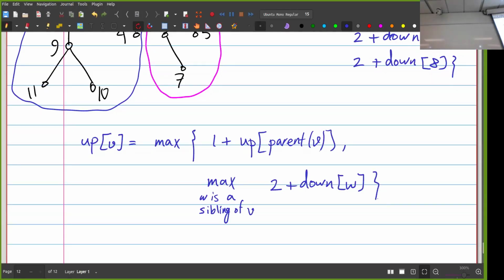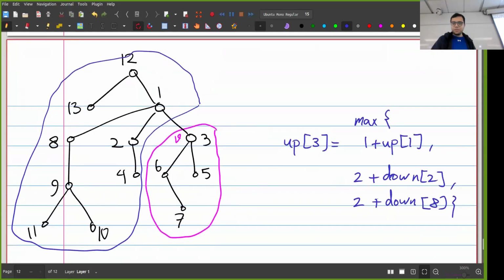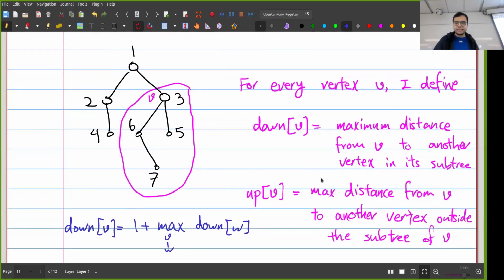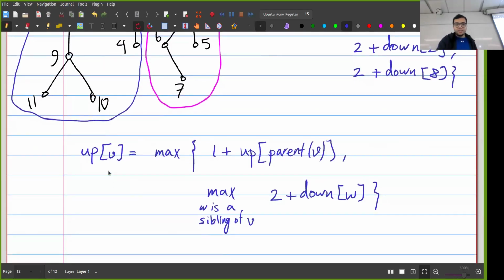Okay. Now, this is interesting because we are now combining 2 different types of dynamic programming on trees. When I wanted to calculate the down values, we said that the down values are basically heights. So I had to start from the bottom of my tree and go up and calculate all the down values. So let's say I do that first. Now I have all the down values. Now, when I want to calculate the up values, the up value at V depends on some down values, but I don't care about those.